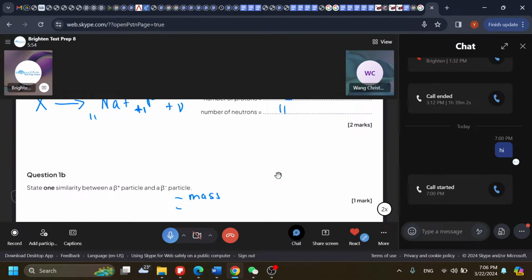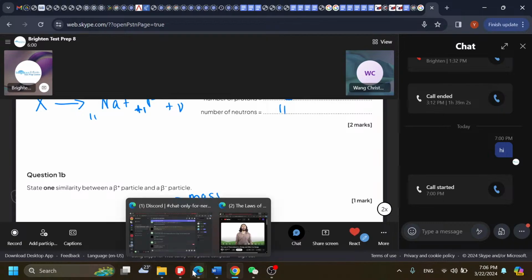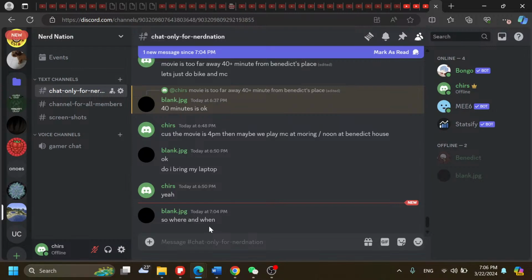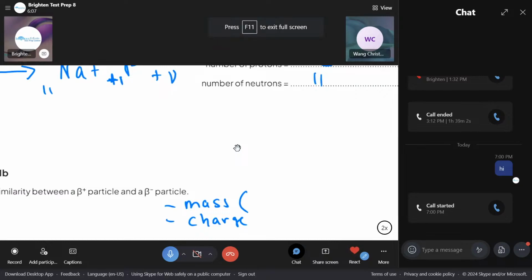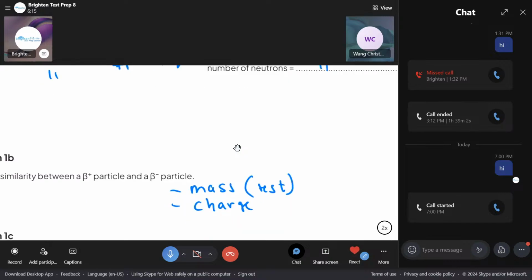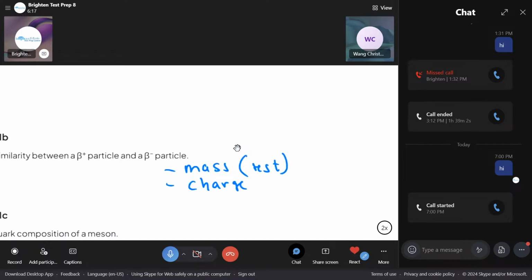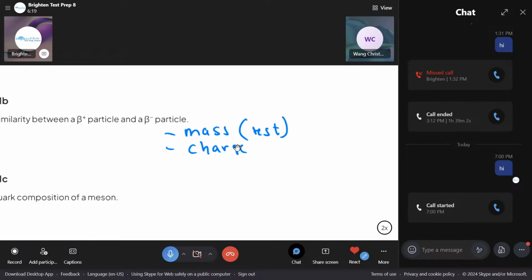When you think of the magnitude of something, forget about the plus and minus. The charge. Charge, exactly. All right. Of course, we don't have to be that precise. It's fine when we say mass, but ultimately we talk about the rest mass. That's just a small detail, to give an idea that mass is not exactly mass eventually. We talk about the rest mass.